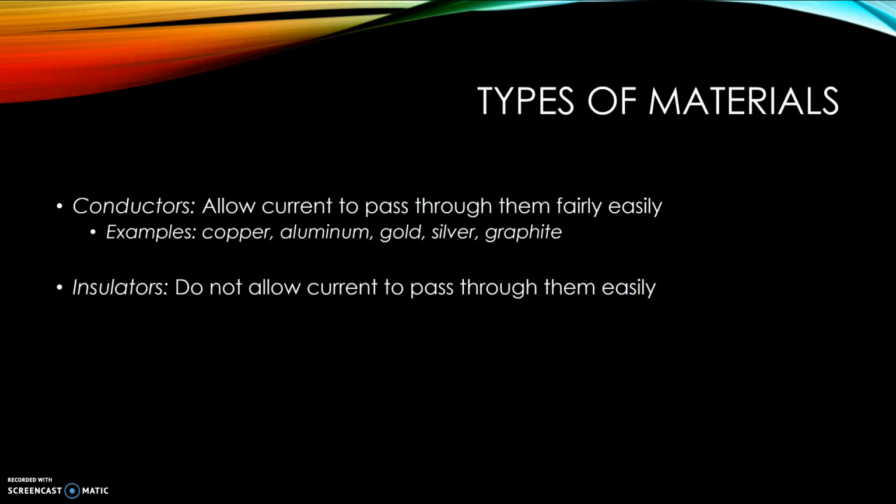These insulators are things like plastics, rubber, wood, and possibly dry or oiled cloth, which is what they used before they invented plastics. Electricity can't pass through these very easily.